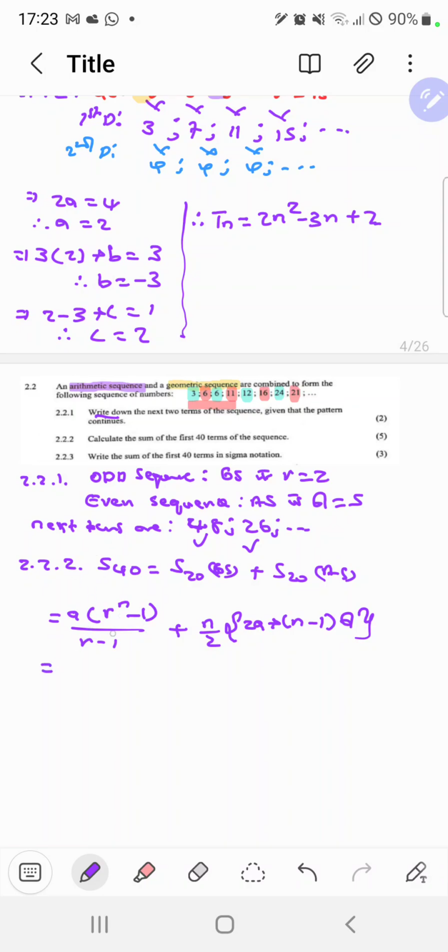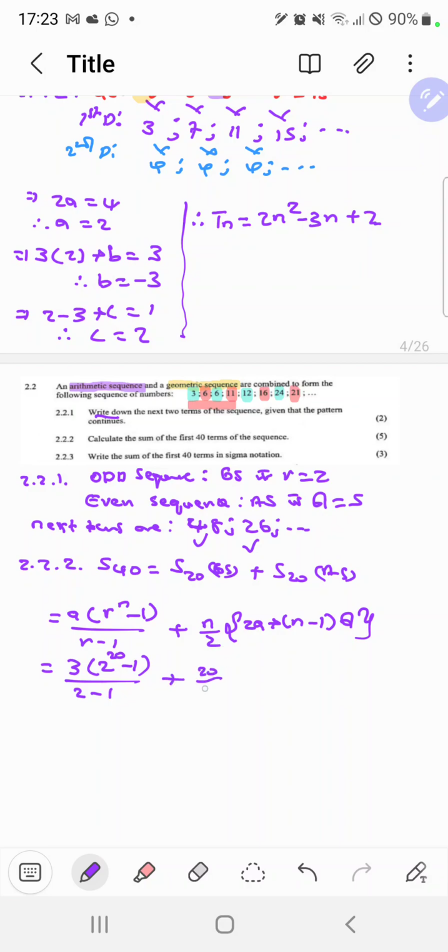So A for the geometric sequence is the odd numbered pattern over there, so it's going to be 3. A is the first term. We found out that the common ratio there is 2, so this is going to be 2 to exponent 20, because we're saying that 20 times there, minus 1 all over 2 minus 1, then of course plus.